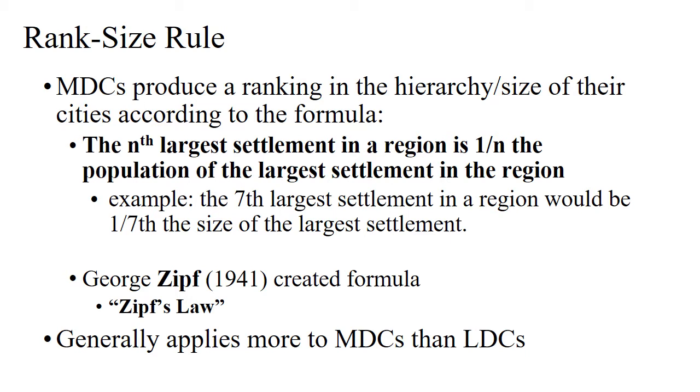The thing to keep in mind is that this has to do a little bit more with development sometimes, the ability of a country to sustain a bunch of relatively large cities, with infrastructure and food and government care and all the different things that go into keeping a bunch of large cities throughout your country, as opposed to just one or two, like we'll see in some of the other models we talk about. So this is going to apply more to MDCs, or relatively developed countries, than it is to LDCs.